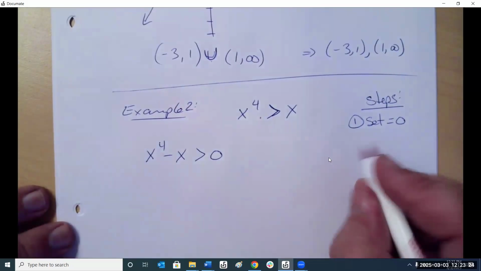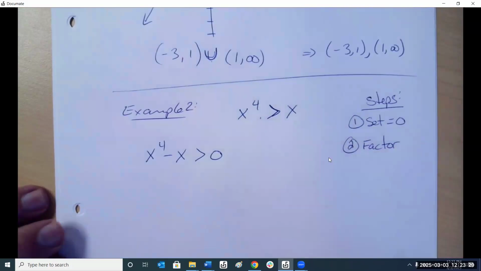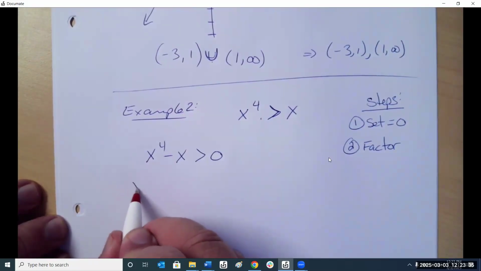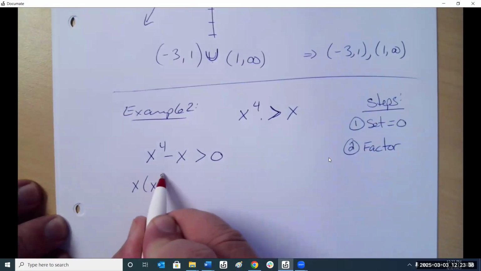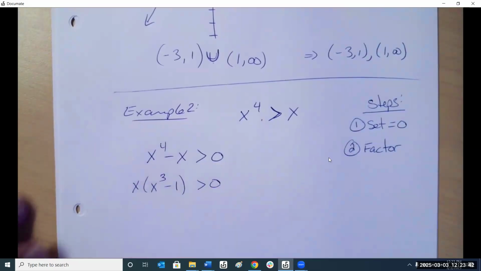Okay. Second step, factor. So what can I factor out of here? X. Which leaves me x cubed minus 1. Now what?